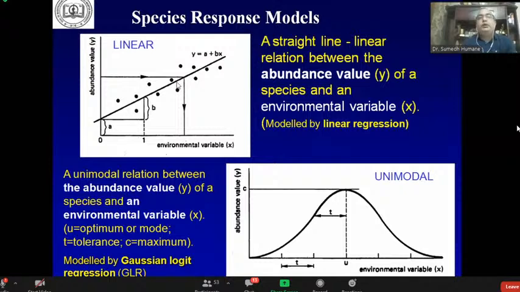You can compare and study the linear model. The other model to study diatoms is the unimodal model. Here, you have the abundance value of the species against the environmental parameter. You can compare likewise. The diatom correlation is done with the water quality parameters.